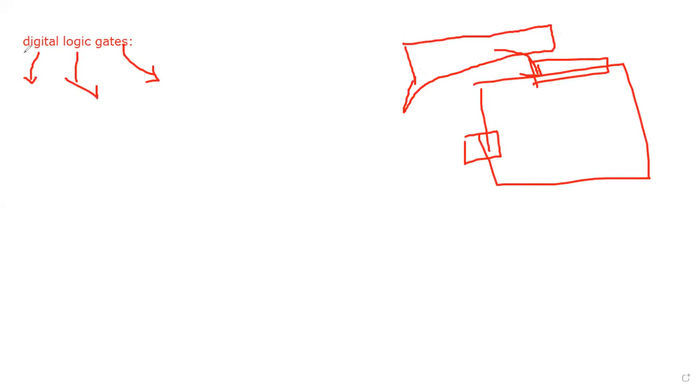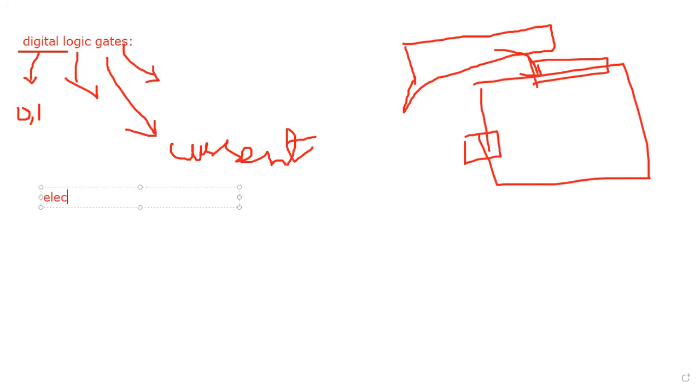Now if we come to the digital, there are two digits, zeros and ones. Then we have got logic. Based on the logic, we have to decide which gate would be preferred. This gate would basically allow the current to flow, in case of electronic circuits.